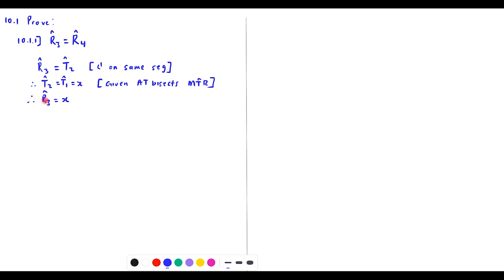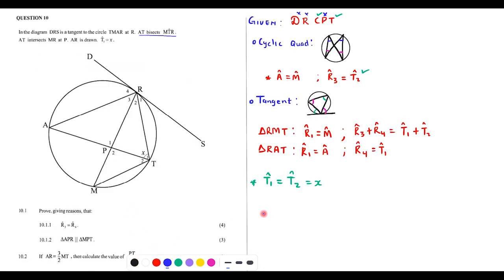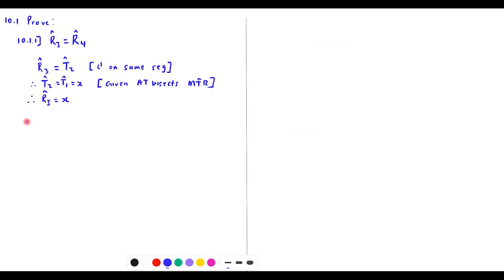R3 is X, and after that I'm going to ask myself, what is R4 then? So I'm going to go back and look at my given information. I can see that R4 is equal to T1. So I say R4 is equal to T1. And what was the reason for that?